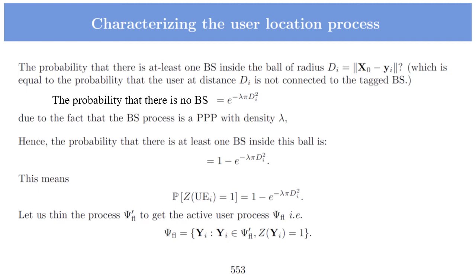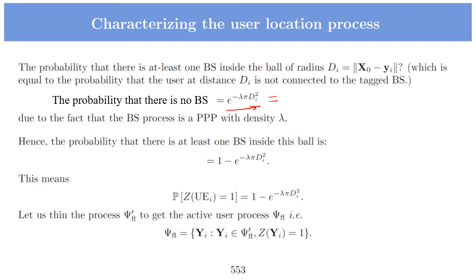So what is the probability that there is one base station in this ball? That is easy to compute. The probability that there is no base station in a ball of radius r is e to the power minus lambda pi r squared. Here we are considering the ball of radius di, so the probability that there is no base station is e to the power minus lambda pi di squared. Remember, this di is the distance between the tagged base station and the user at yi.